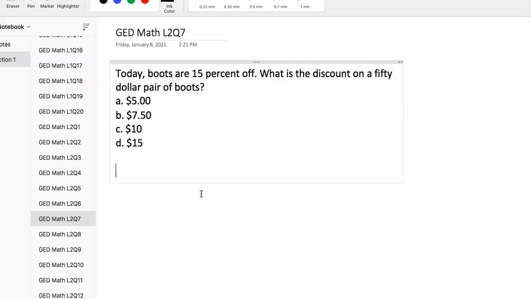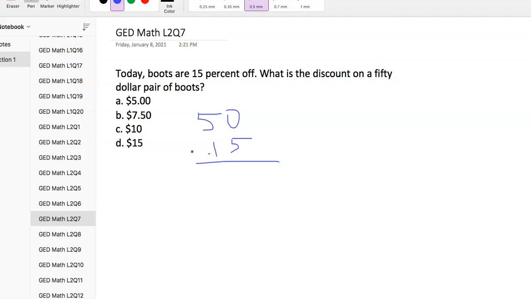Okay, so it says today boots are 15% off. What is the discount on a $50 pair of boots? Normally they're 50. Discount is 15%, so 0.15. We multiply those two together, and we come up with 7.50.